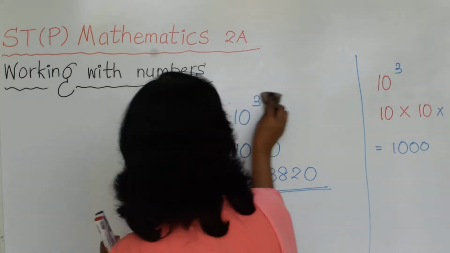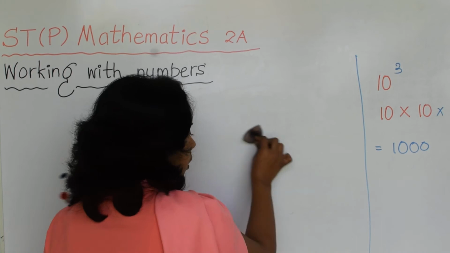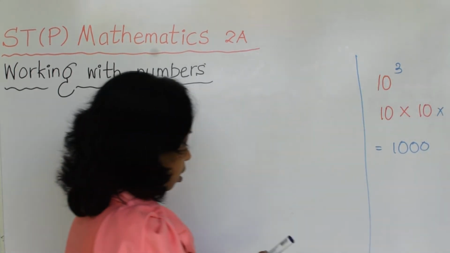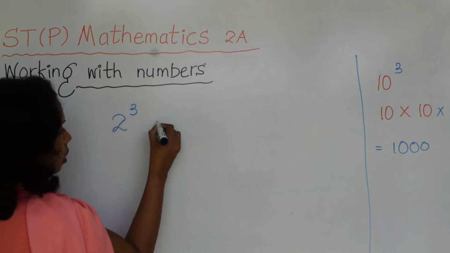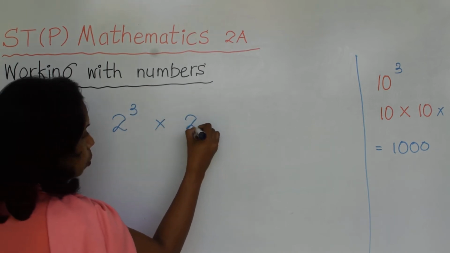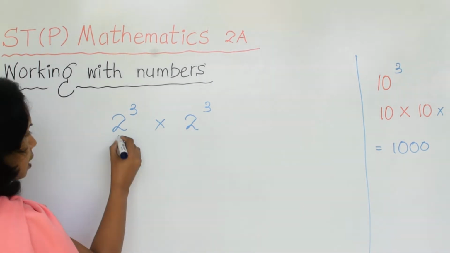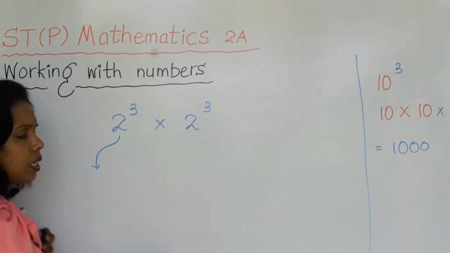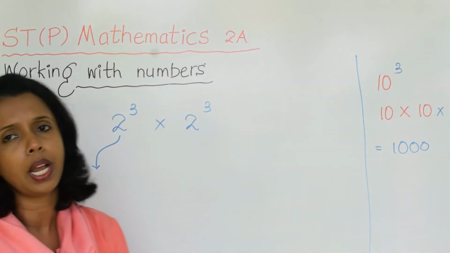Now I am going to move to a new part. Children, look at this. 2 to the power 3 times 2 to the power 3, let's say, right? What does this mean? 2 to the power 3. If it is 2 times 2, easily you can multiply.